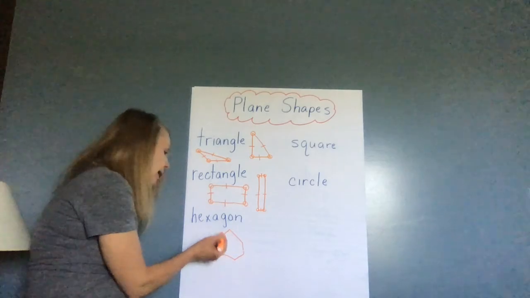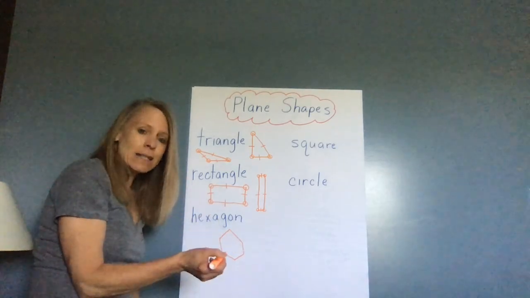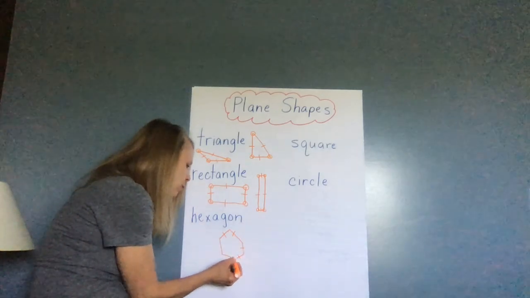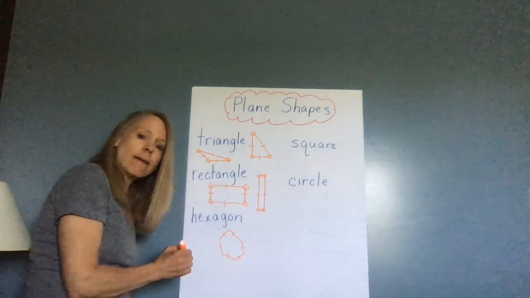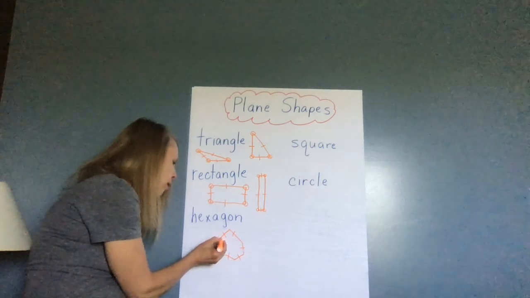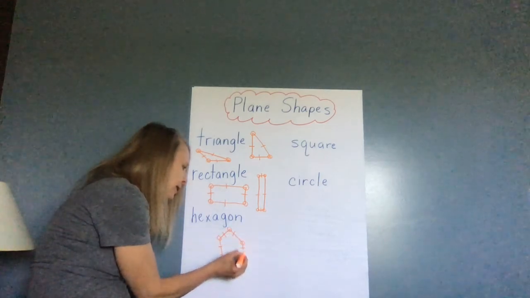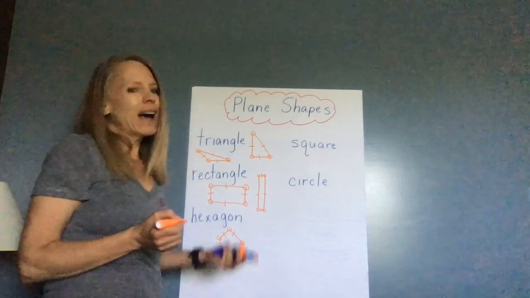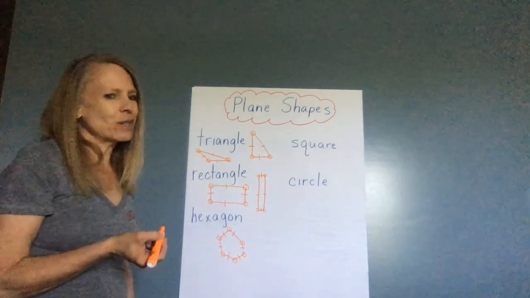Okay, so again, it has 6 sides and 6 corners. 1, 2, 3, 4, 5, 6. Now, I have a harder time drawing this one, so I'm just going to draw one.